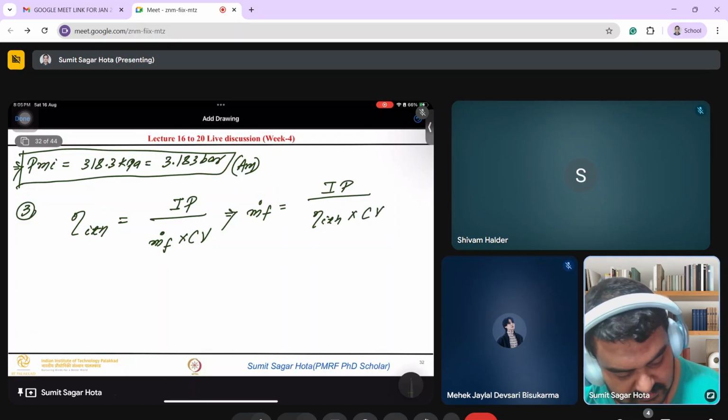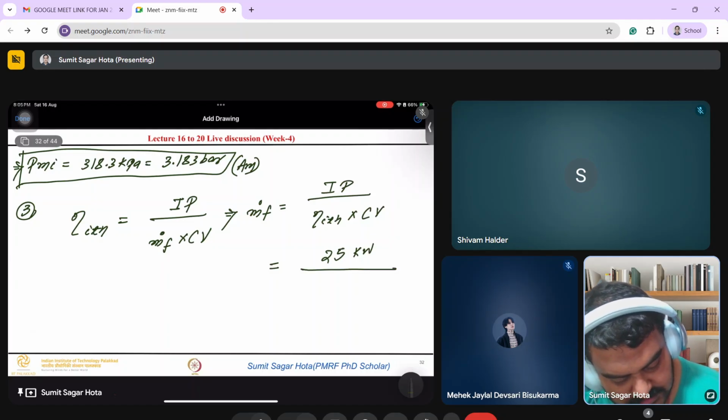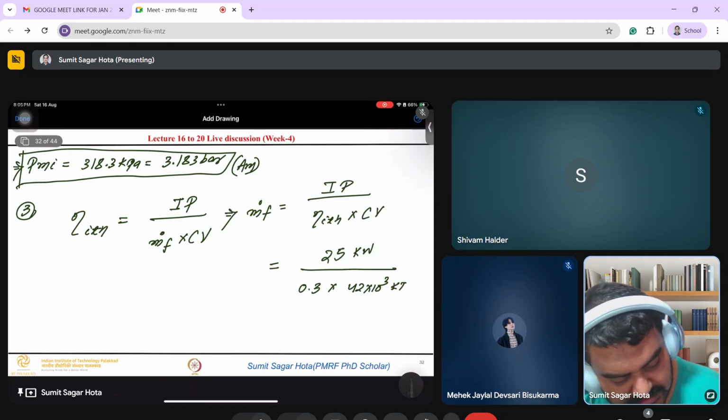Okay, just substitute all these things. 25 divided by, this is kilowatt, it's 30% efficiency, 0.3 into 42 into 10 to the power 3 kilojoule per kg. Both are in kilojoule, so you can directly use it.